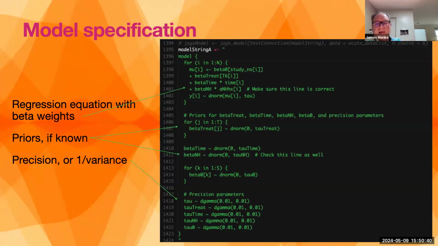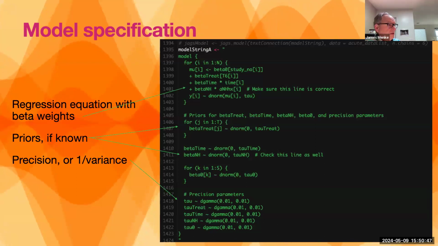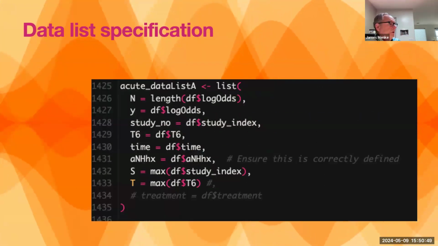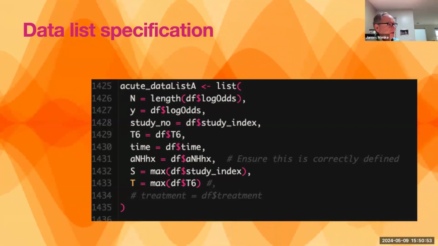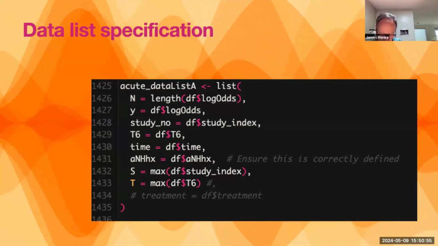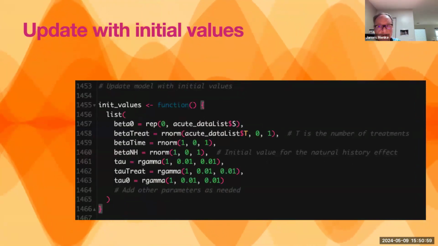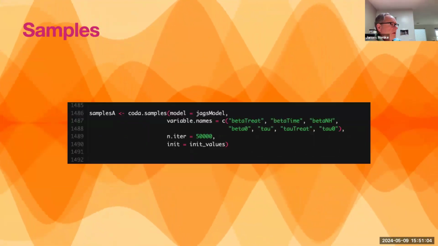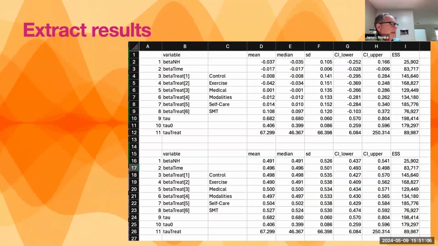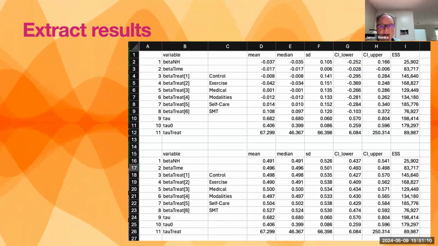And once we do that, then we have the priors for the next batch of research that comes in. And I'm getting into maybe the weeds a bit too much here, but this is the list of variables that we'll test, initial values or priors, and then you run these JAGS models and sample the posterior.